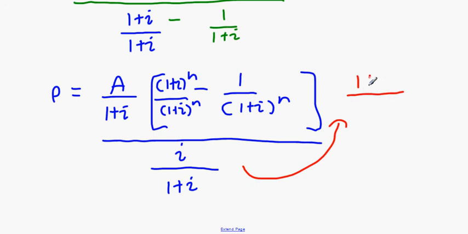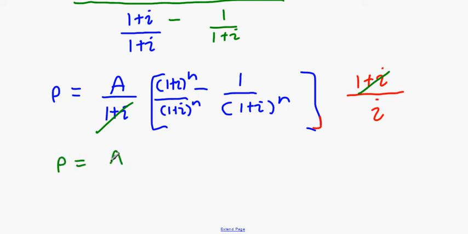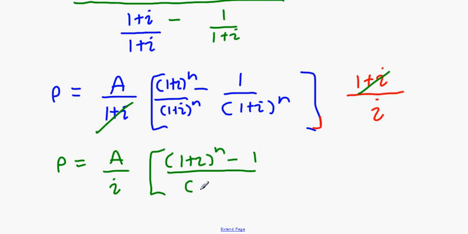So it's going to be 1 plus I all over I. The 1 plus I's will cancel, and so P equals A over I, and then in here we're going to have 1 plus I to the power of n minus 1, all over 1 plus I to the power of n.